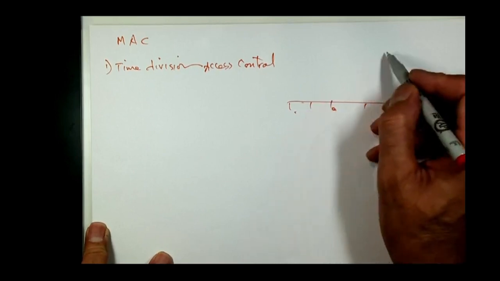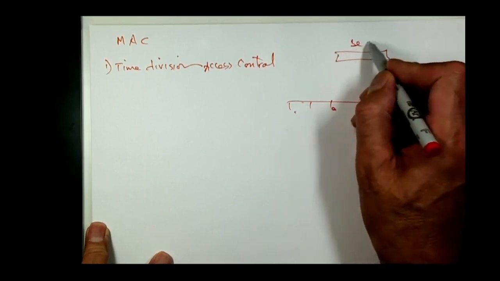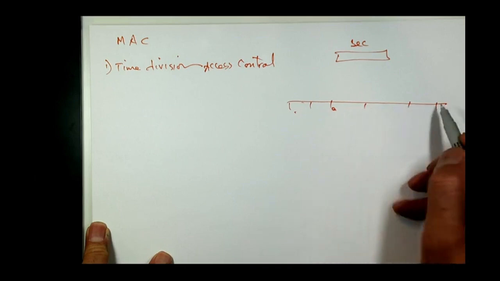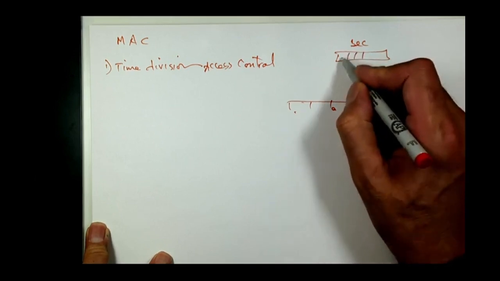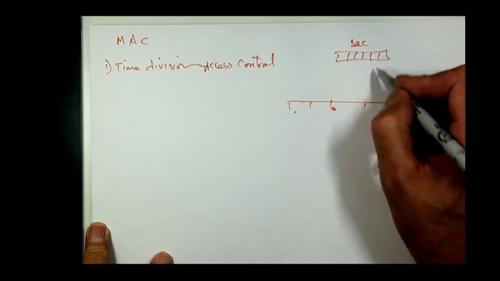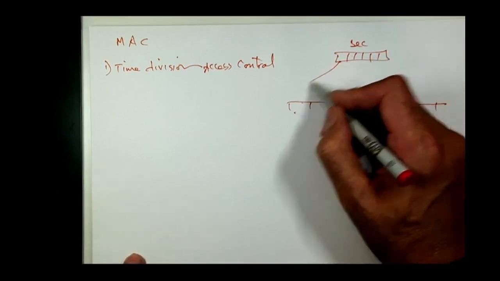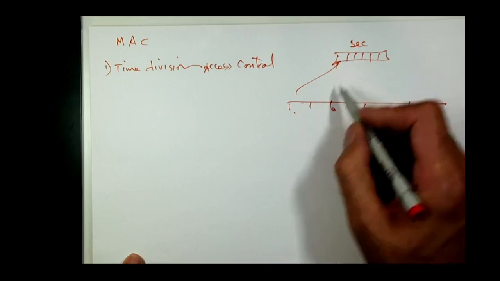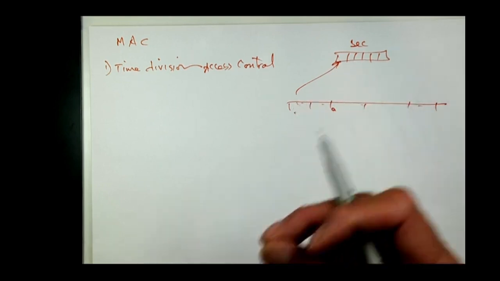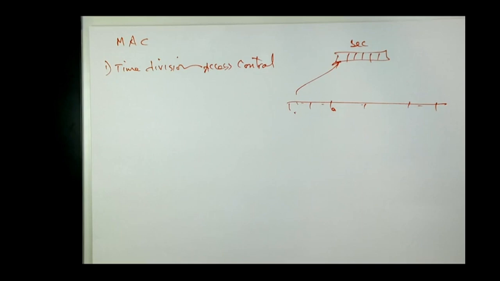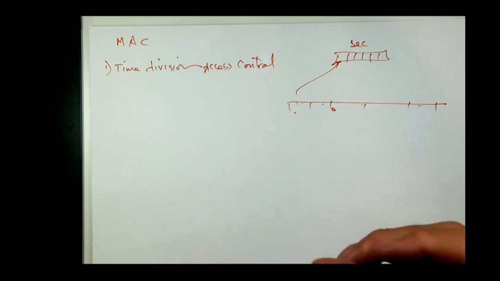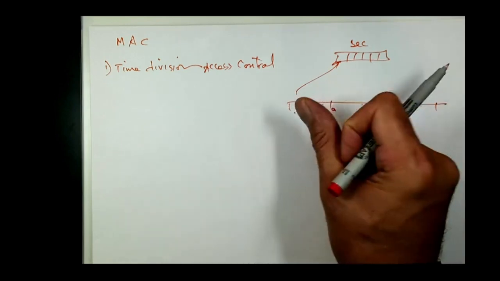For example, if there are 6 machines, we split the second into 6 time slices, and the first machine transmits at this time. All machines must be synchronized together, so their clocks tick together.